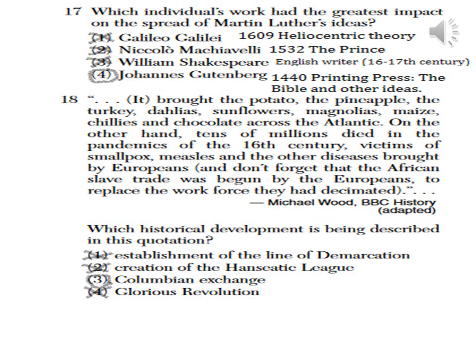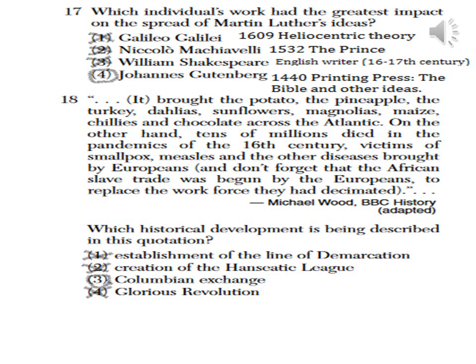Question number 18. So let's see. It looks like we have a quote here. You're always going to have those types of questions on Regents, so let's read the quote. It brought the potato, the pineapple, the turkey, dahlias, sunflower, magnolias, maize, chilies, and chocolate across the Atlantic.